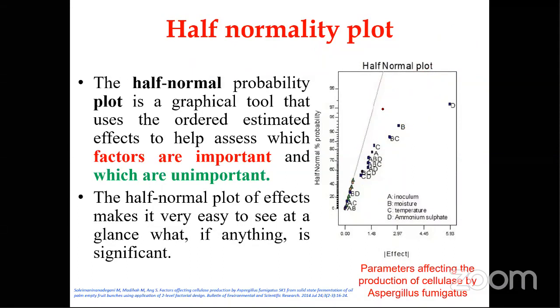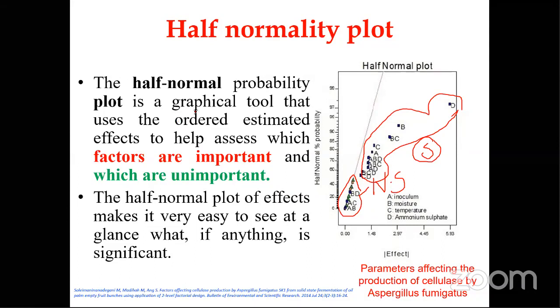So the use of this graph is that we can say the factors falling on the line are non-significant factors. That means they are not influencing the dissolution. The factors falling above or below the line are called significant factors. That is, they are influencing the dissolution.